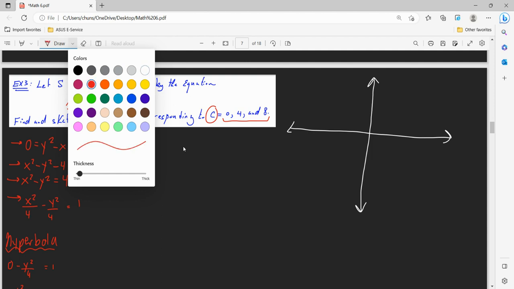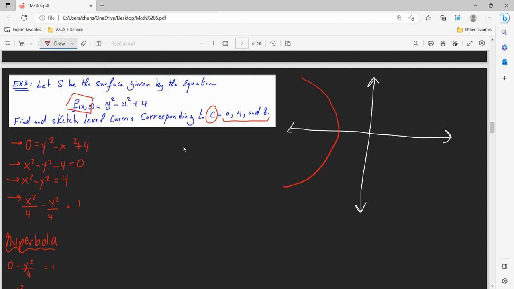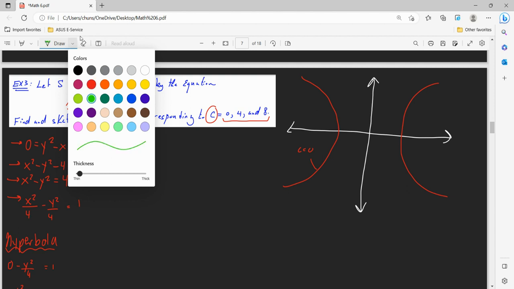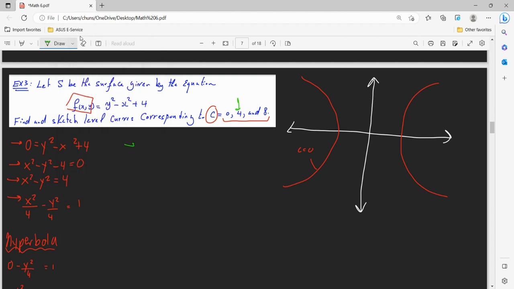Right, so our first one we did in red, and this opens left and right. So this is c equals 0. Okay, we're going to do the same thing for our next value, which is 4. So we're going to make this equal to 4 now. We've got 4 on both sides, and this is y squared minus x squared equal to 0.